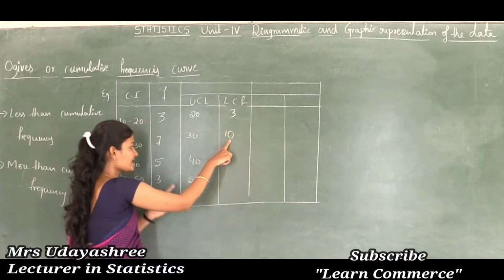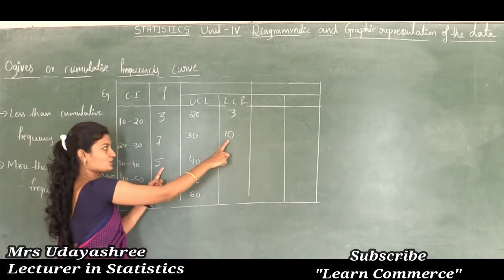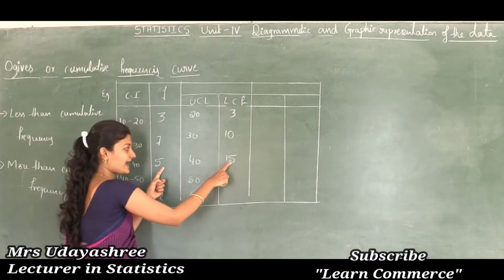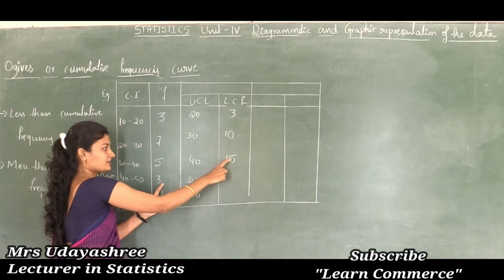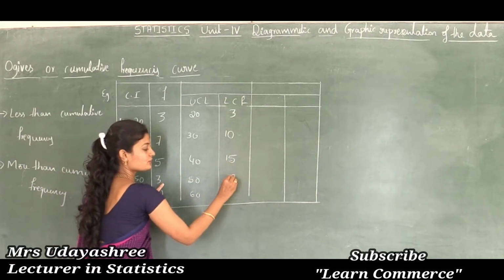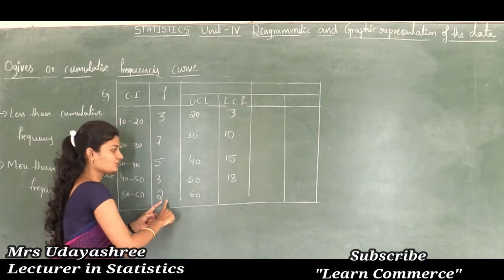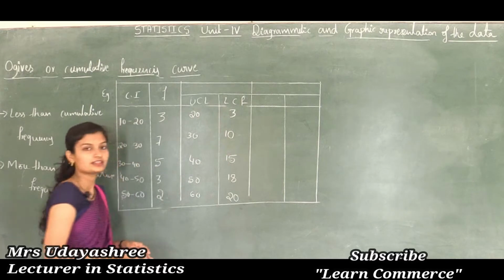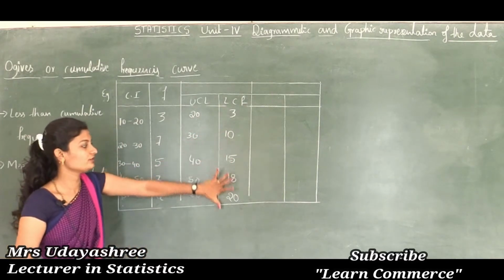To this I add the third class frequency: 10 plus 5 is 15. Next I add 3 to this 15: 15 plus 3 is 18. For this 18 I add this 2: 18 plus 2 is 20. So this is all about the formation of the less than cumulative frequency.